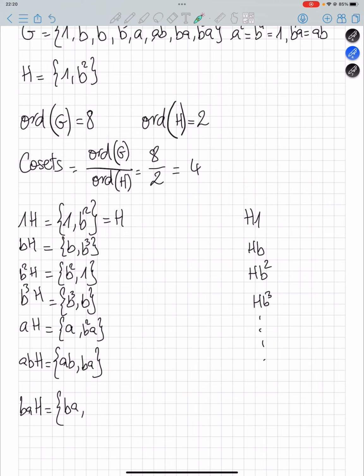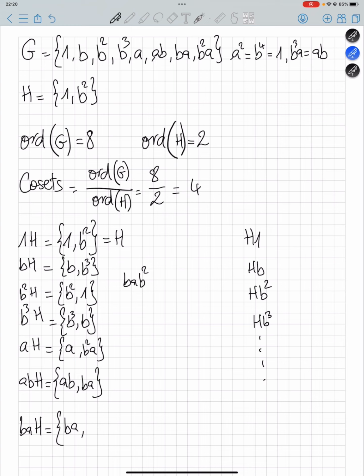Now BA composed with B square is BA B square, which is equal to BABB because B square is BB.